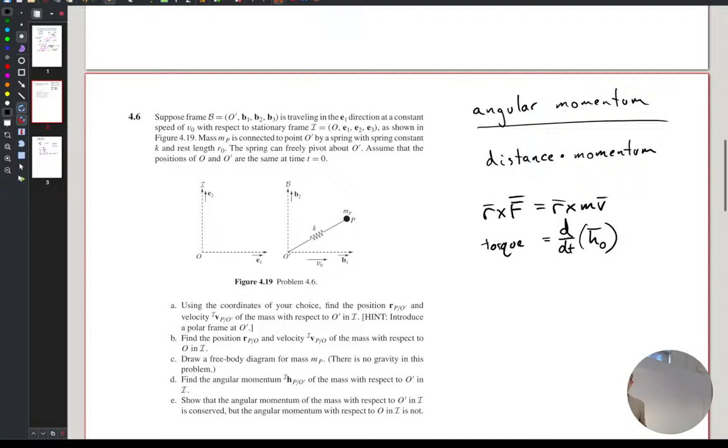Kind of makes sense? That's at least the goal of this problem. It's a long journey of identifying some things, writing out some equations, and then coming to, yes, a conservation of angular momentum problem.